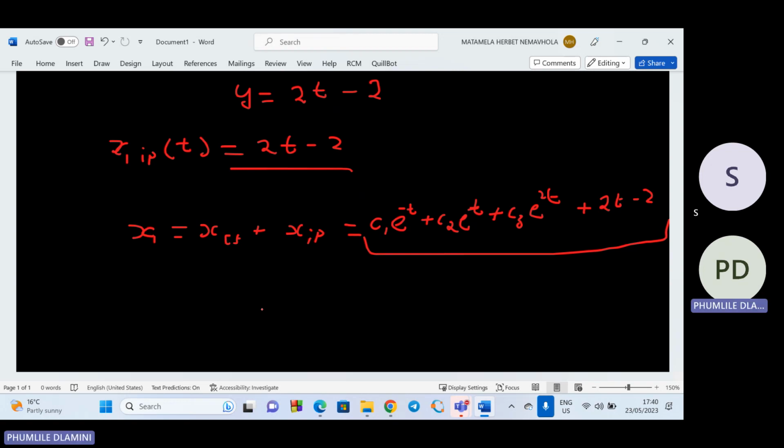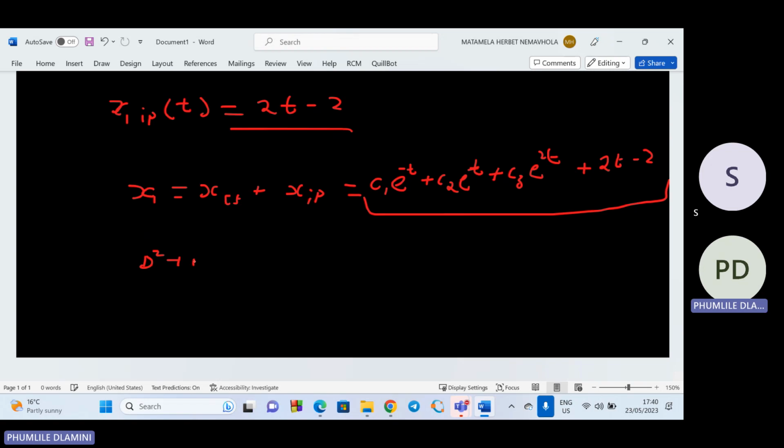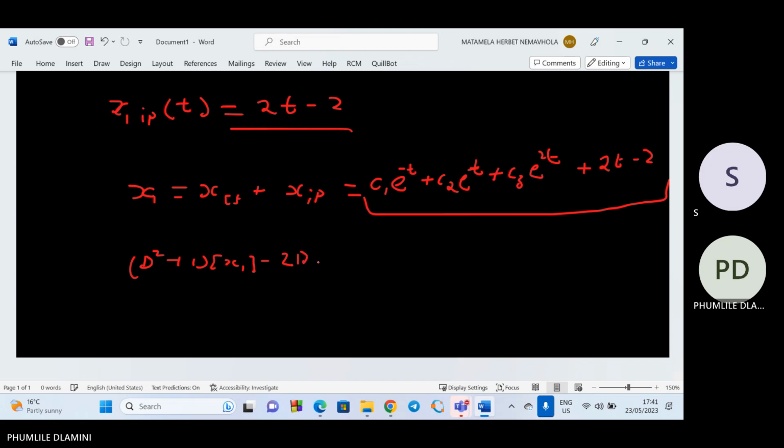In order for us to do that, you will see that if we write our equation, the first equation that we have, equation 1, says (D squared plus 1) of x1 plus 2 minus 2D of x2 equals 2t.